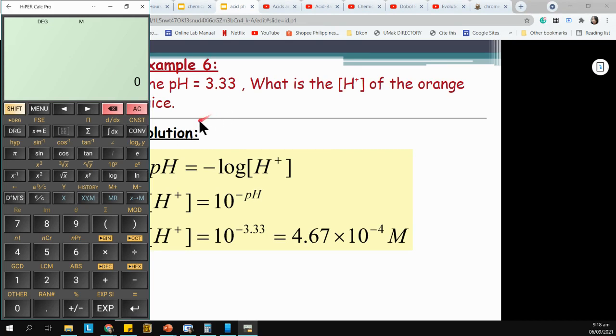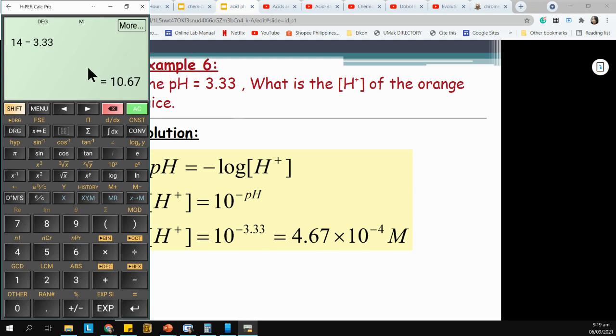The pH is 3.3. So, pH yan. So, para mag-get nyo yung POH, remember, yung POH is ang sum ng pH at saka POH is 14. So, isubtract nyo lang yung 3.33 sa 14. So, 14 minus 3.33, which is the pH, yung value niya will become the POH.